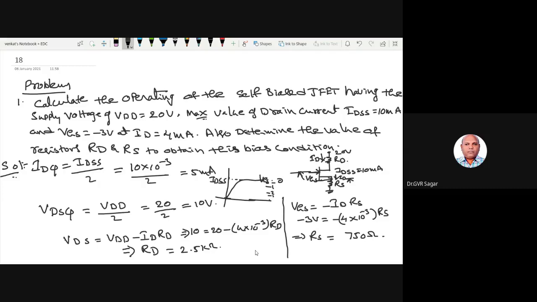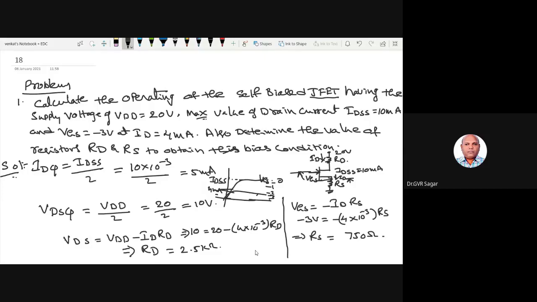This is applicable only for JFET and depletion MOSFET. With VGS of minus 3 volts applied, the drain current is 4 milliamp, while IDSS is 10 milliamp.